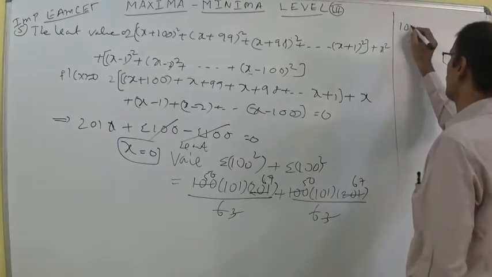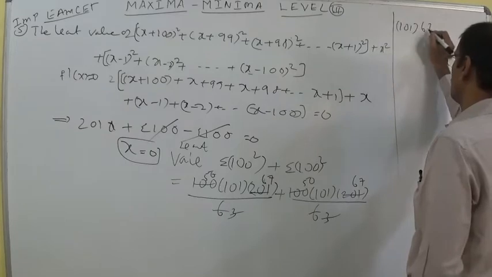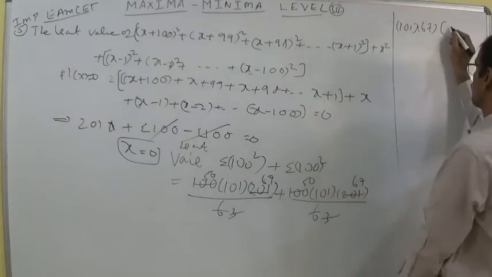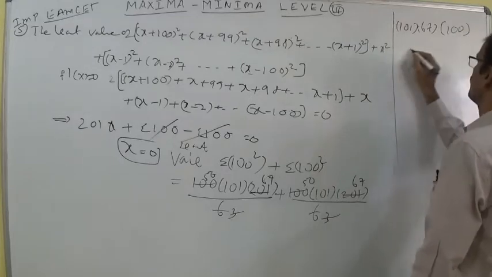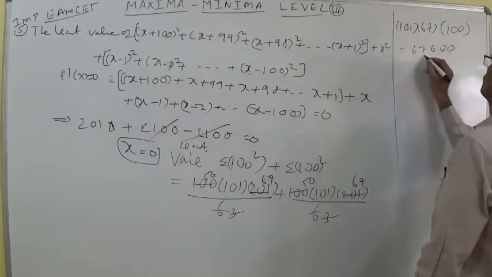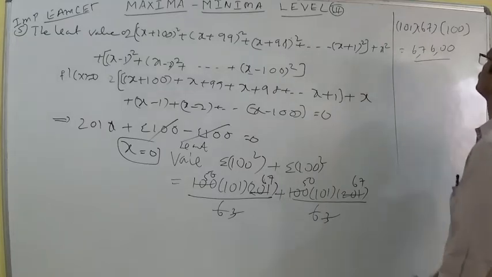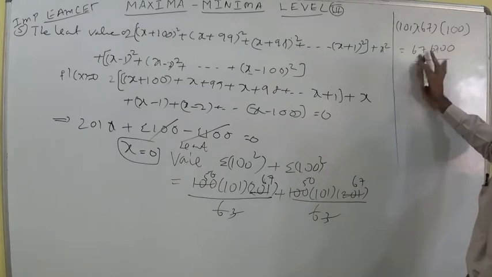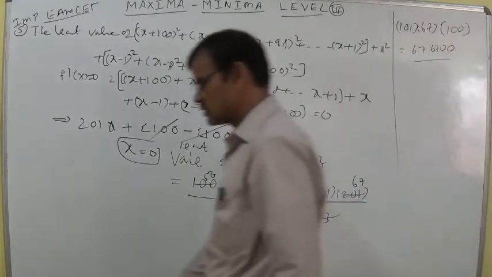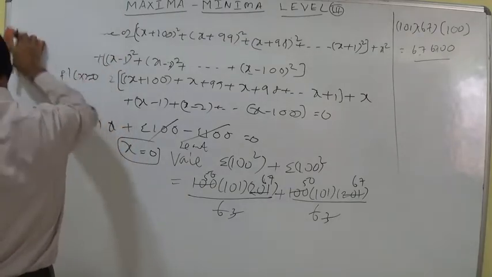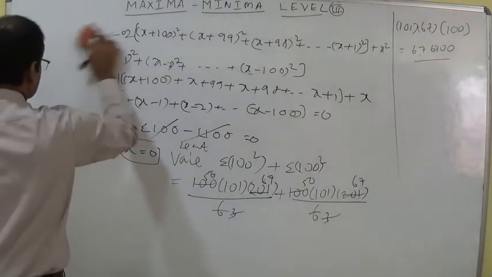If we take 101 × 67 common, we get 50 plus 50 equal to 100. So the answer is 67,67,000. Completed fifth question. Now let us discuss the sixth question.